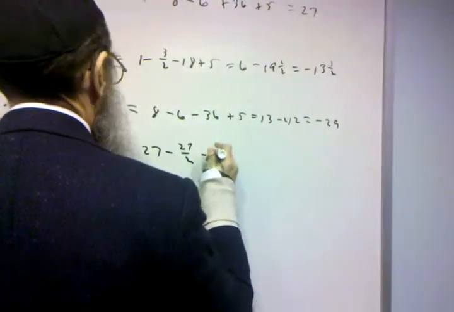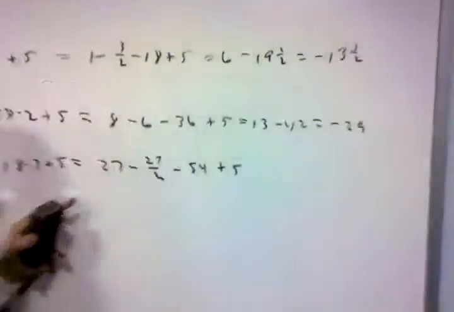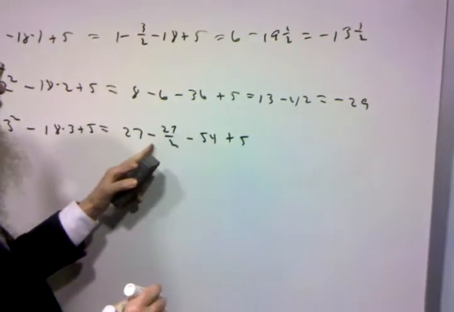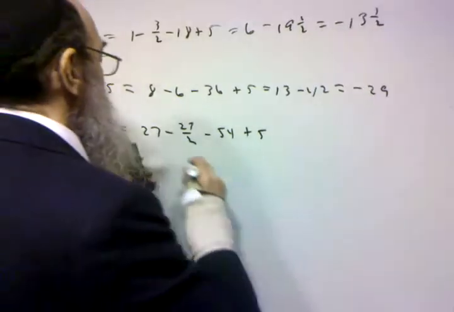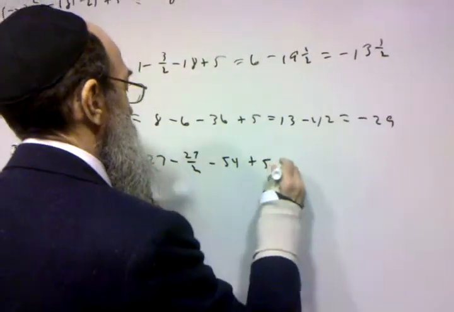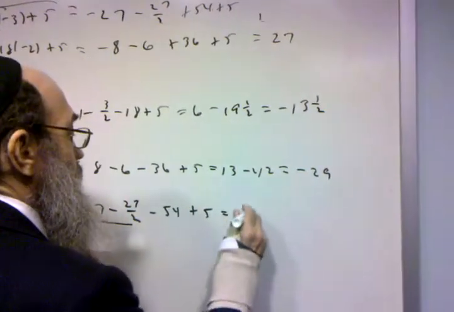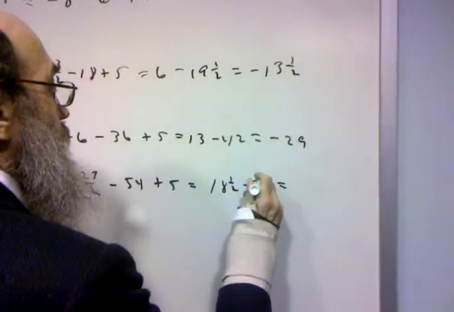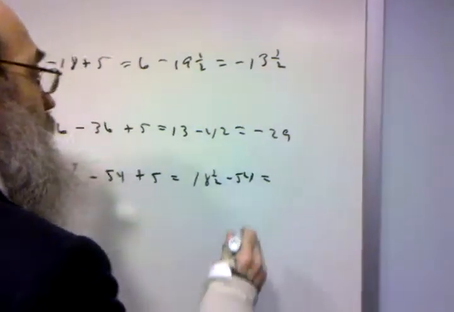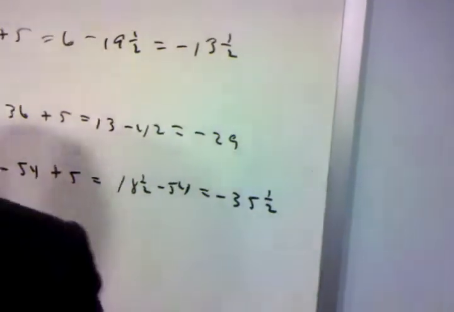Minus 54, plus 5. 27 halves is 13 and a half. So 27 minus 13 and a half is 13 and a half, plus 5 is 18 and a half. Minus 54 is negative 35 and a half. It's negative 35 and a half.